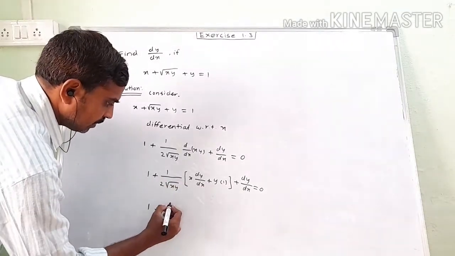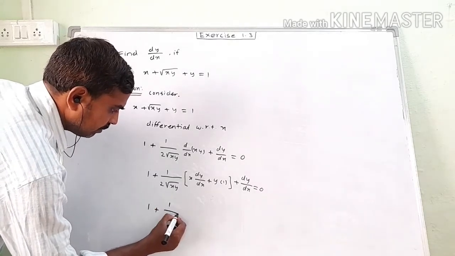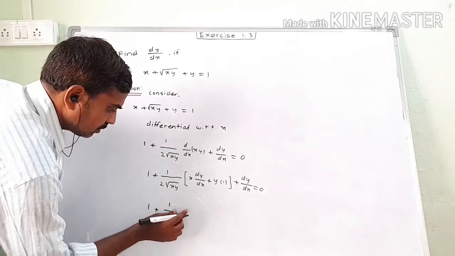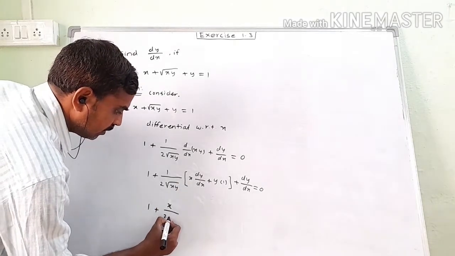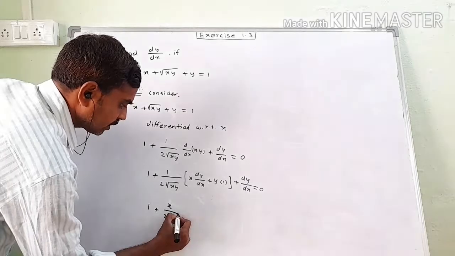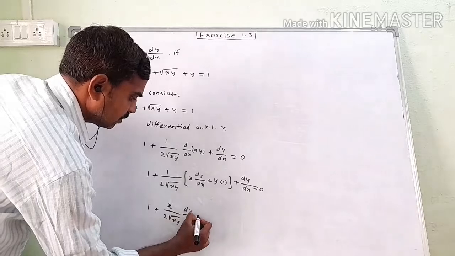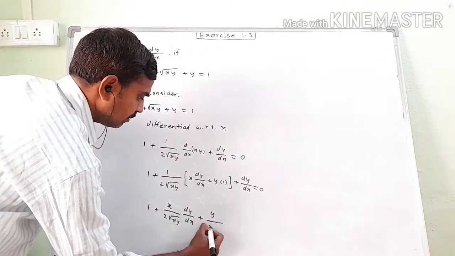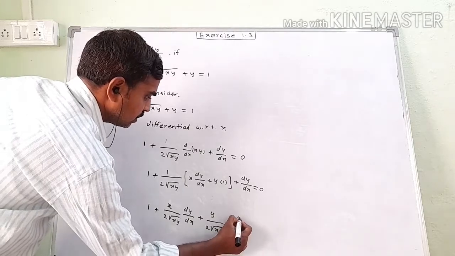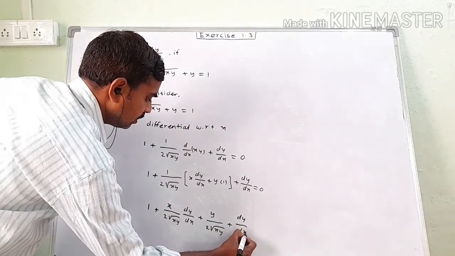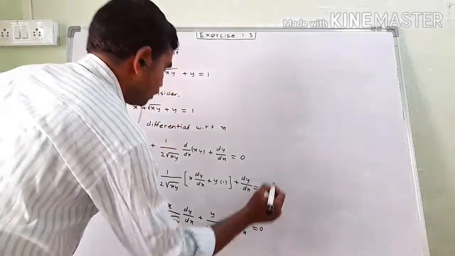This first term will be x divided by 2 root xy into dy by dx, second term plus y divided by 2 into root xy, equal to 0.